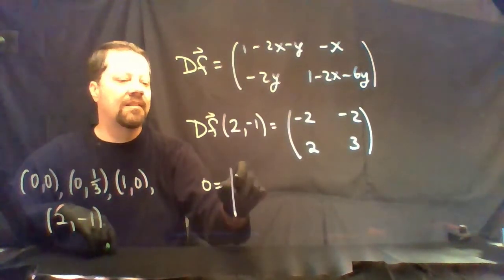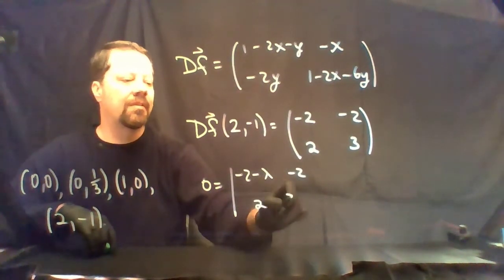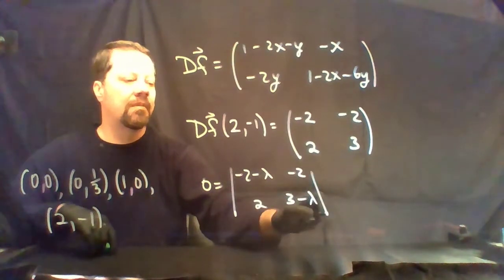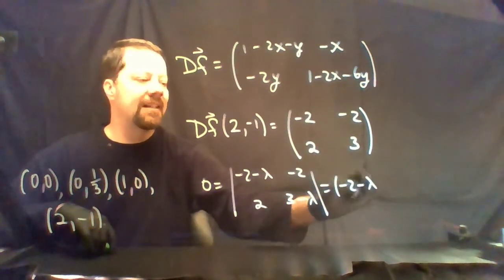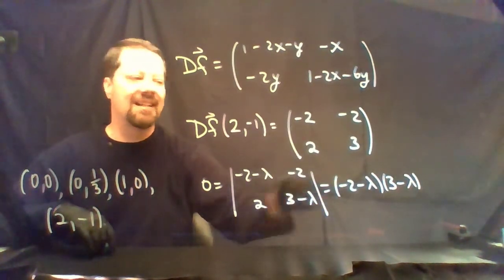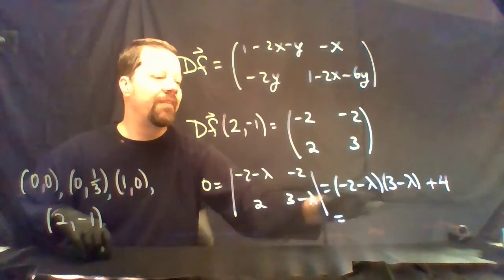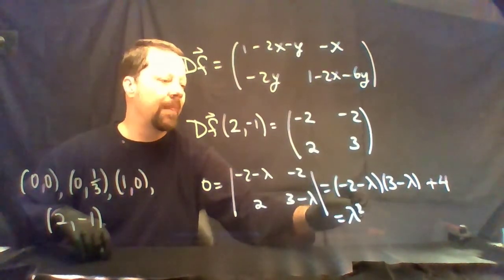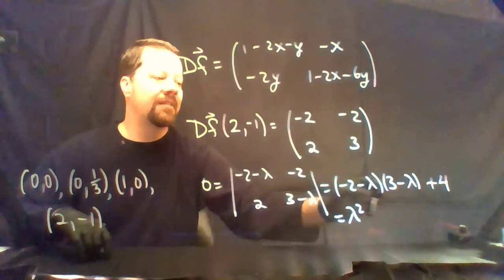Towards that end, we'll subtract lambda from the diagonal elements, take the determinant, we'll have negative 2 minus lambda, 3 minus lambda, and then minus a negative 4. We'll have a positive lambda squared. Negative 2 times negative lambda is positive 2 lambda.